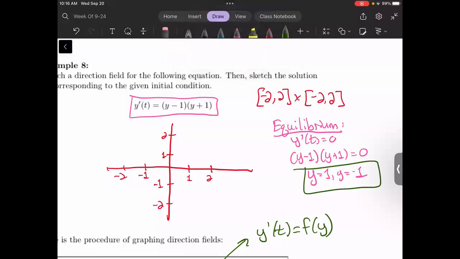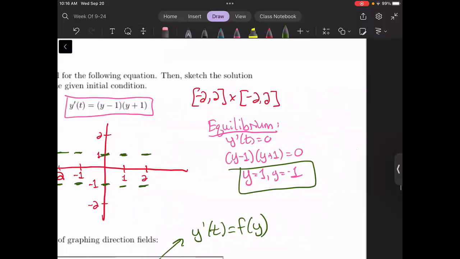So along this grid, we will have horizontal dashed lines across 1 and -1. Okay, just like this. Make that clear. All right, and then dashes here and then here.